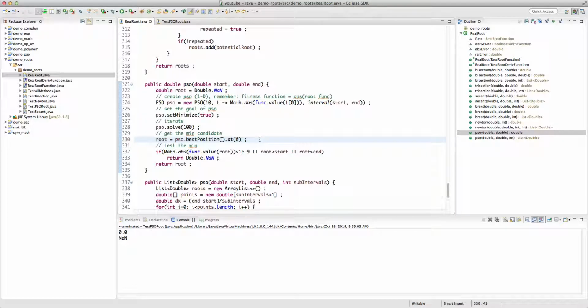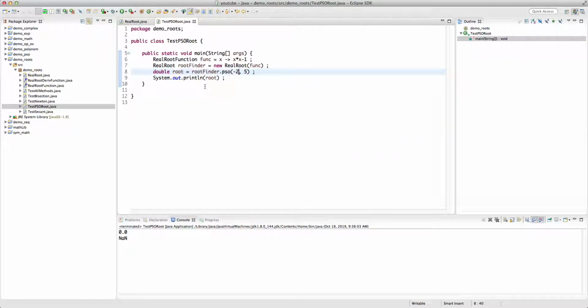All right, and this is where the position of the candidate is. We were originally returning the value of the function. So this is position. And then let's go here.